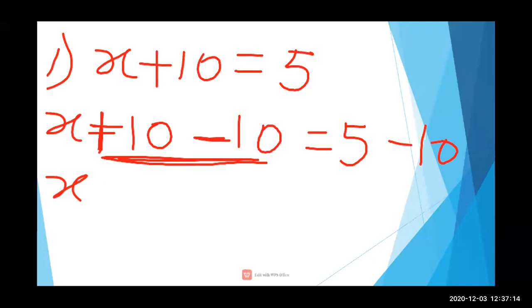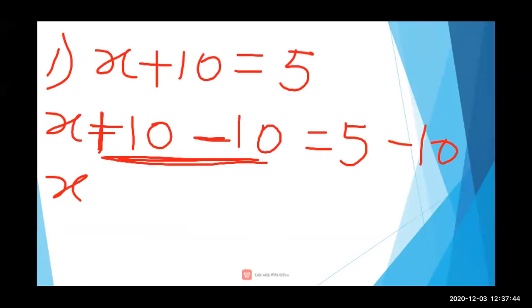Minus minus is what? Plus plus is what? So plus minus will be what? Very good, Tanishka. Plus minus is minus. So 10 minus 10. Very good. 10 minus 10 is 0.